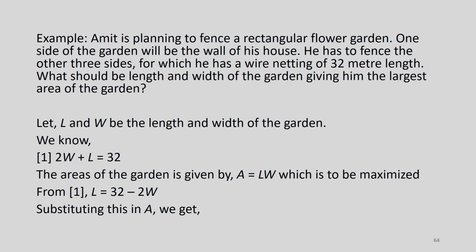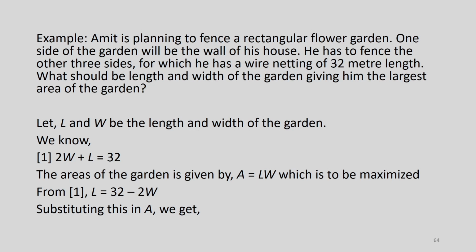Two things are to be noted. He has to build a fence for the garden, and he has to build the fence such that it covers 3 sides of the garden, because on one side he has the wall of his own house. So, that wall will serve as the 4th fence.